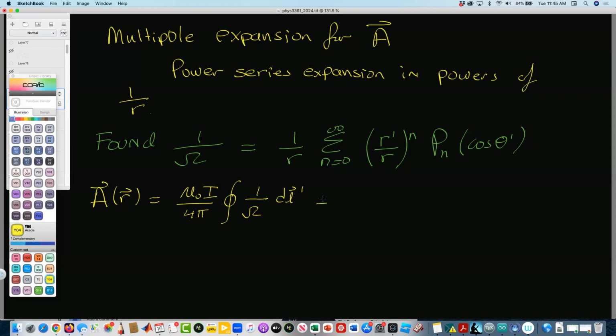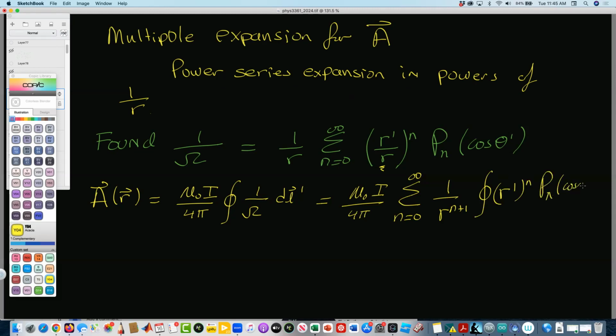And then we can rewrite this now because that 1 over omega has this expansion. So I have mu 0 I over 4 pi. And I remember we brought the sum out of the integral before when we were doing this. And we get 1 over R to the n plus 1, by kind of absorbing this outside of the integral because it doesn't need to be in there. And then this is the integral around a loop of r prime to the n P n of cosine theta prime dl prime.